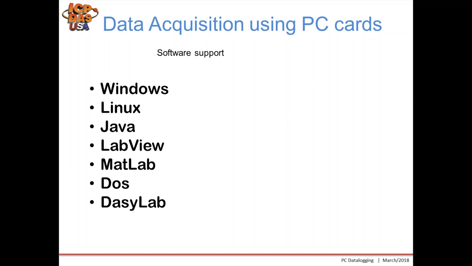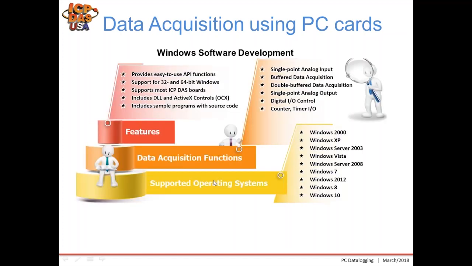For Windows software development, this is an overview of all the operating systems that are compatible. Everything from Windows 2000 to Windows 10 is supported, and the UniDAQ driver, which we use for our PCI cards and PCI Express cards, provides easy-to-use API functions and supports most of the I/O boards in the table.